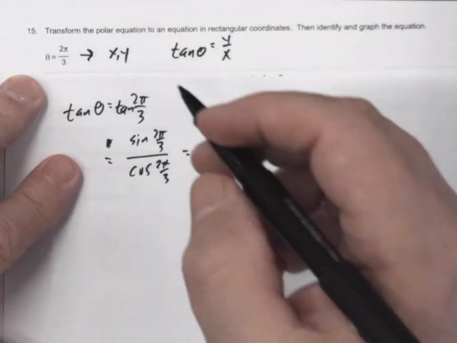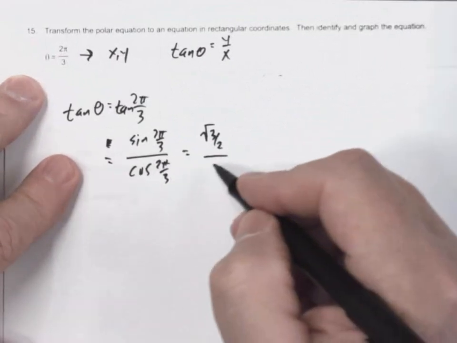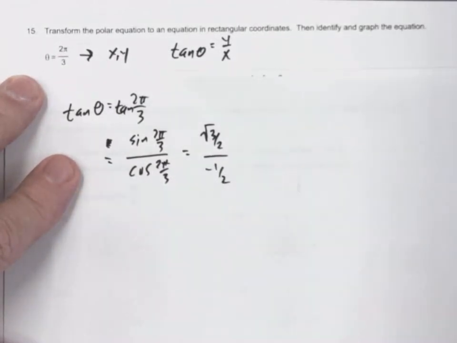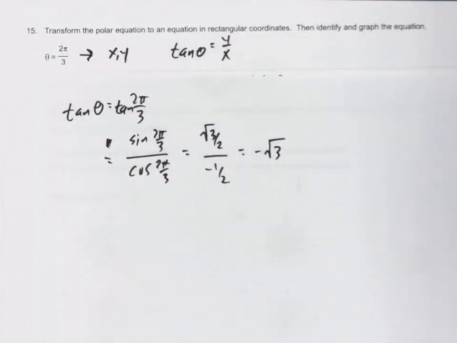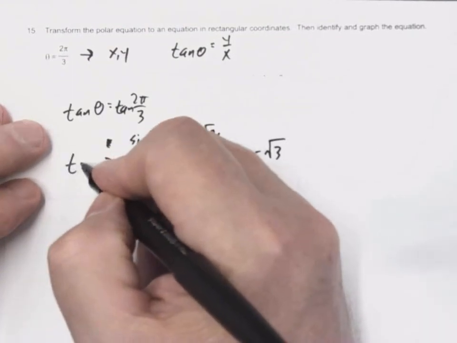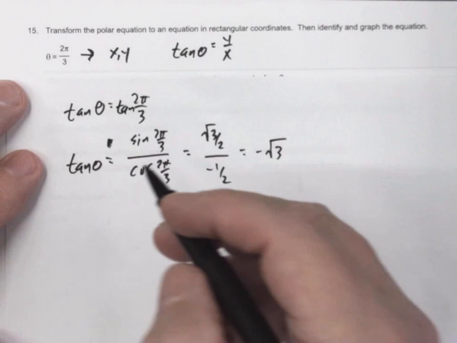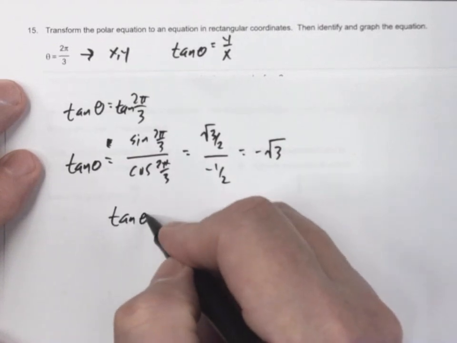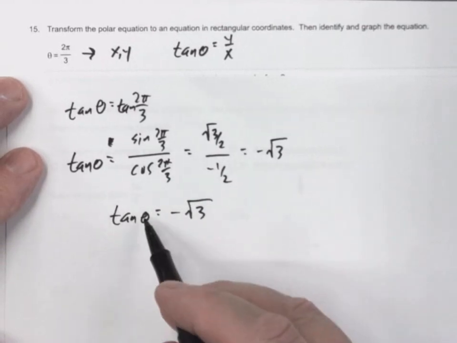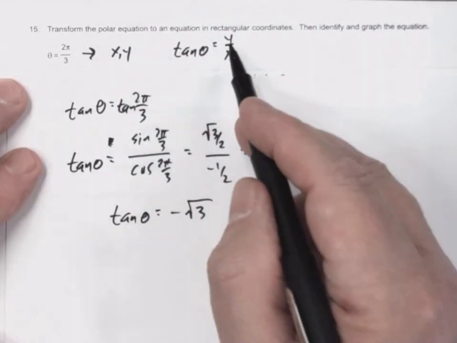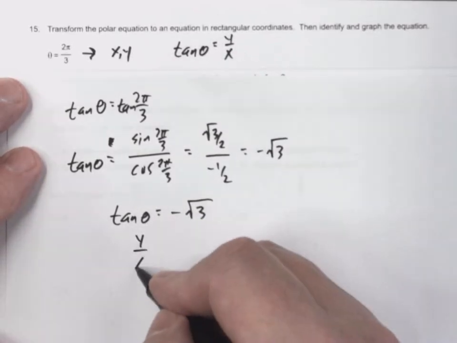Sine of 2 pi over 3 is square root of 3 over 2. Cosine of 2 pi over 3 is negative 1/2. So it's actually negative square root of 3. So here's what I got: tangent of theta equals negative square root of 3. But instead of tangent of theta, I replace it with y over x.